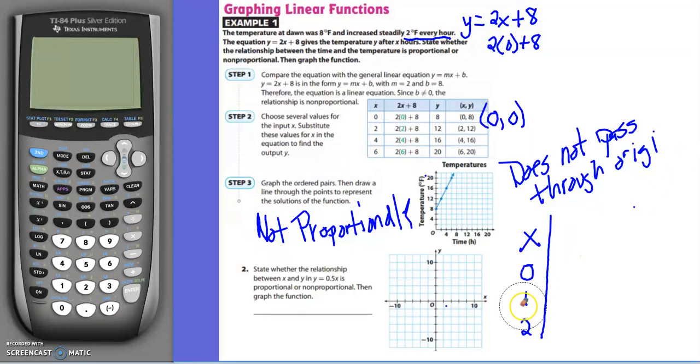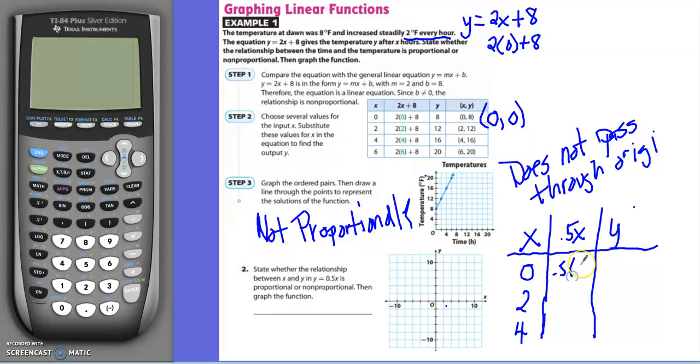Let's do 0, 2, and 4. And then our rule is 0.5x, and we want to know what our output is.